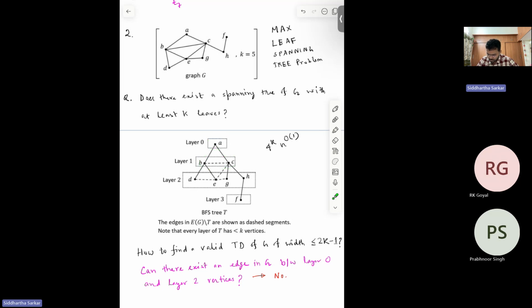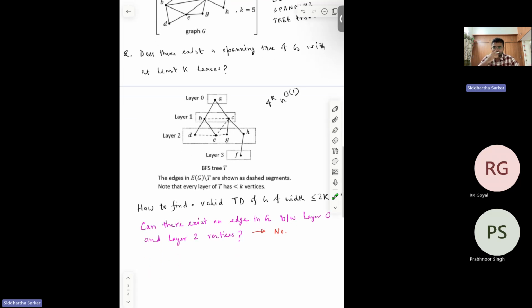To see it even better, if I merge layer 1 and layer 2 together, then all the vertices of layer 1 have their edges till layer 2 only. Means after layer 2 there are no edges. Using this fact, there's an easy way to draw the tree decomposition.